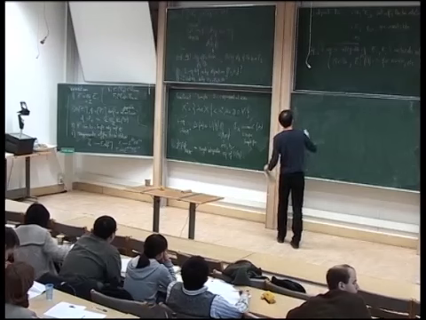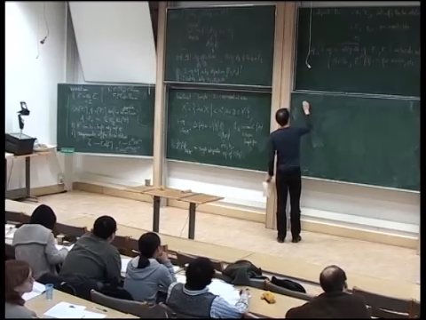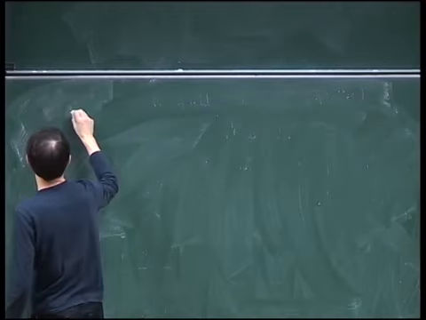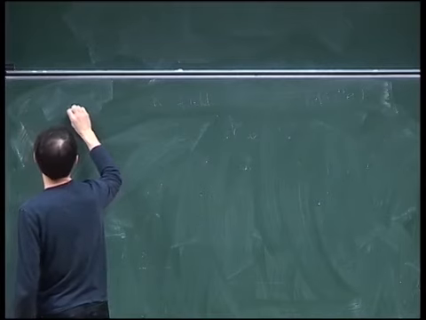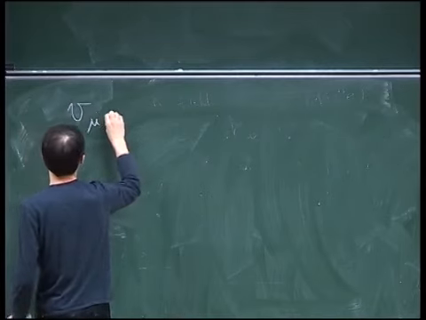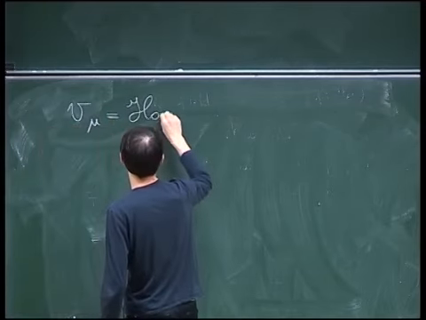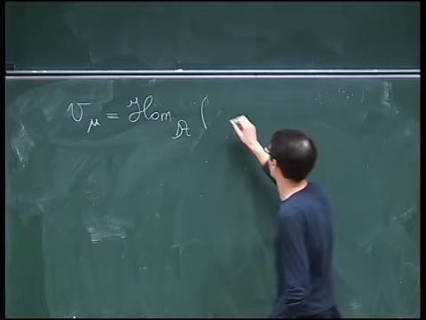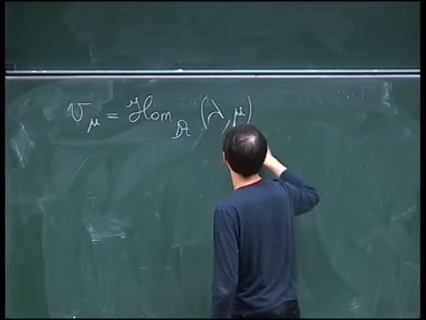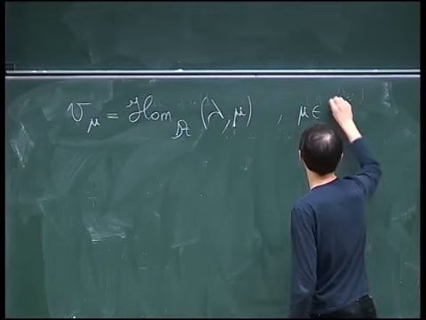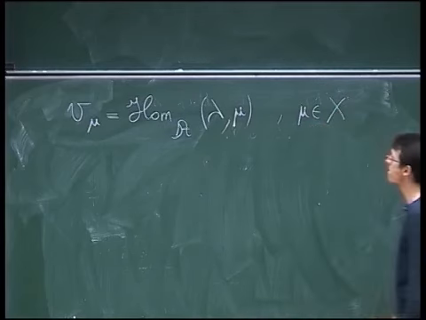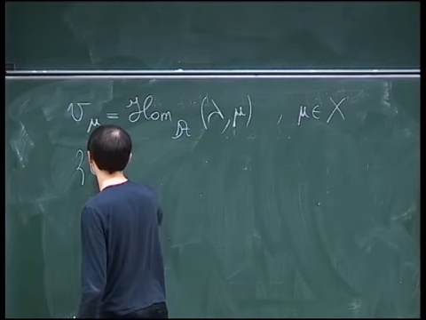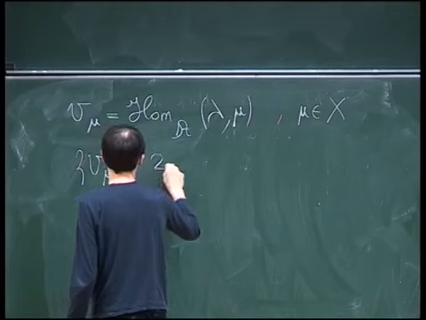So let's define the curly V. We define V mu to be the category of homomorphisms in A from, I have to get it right, from lambda to mu. My claim is that the set of V mu's is naturally a two representation of A.